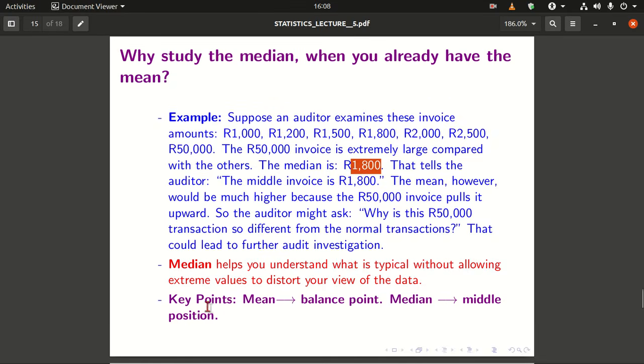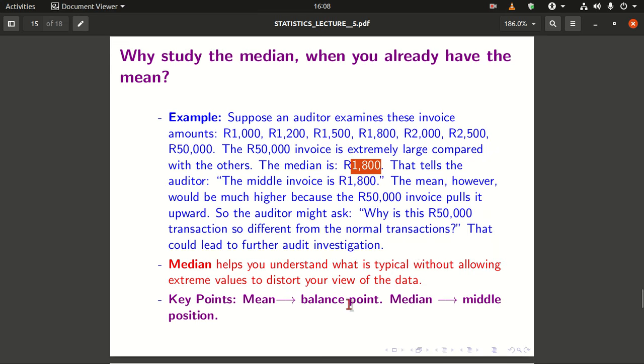Now, the key point is, if we're talking about the mean, we're talking about the point of balance, where the data would balance if I put equal weights, or the point where the sum of the distances from all the points on one side equals the sum of the distances to the data on the other side, if these are placed on the number line.